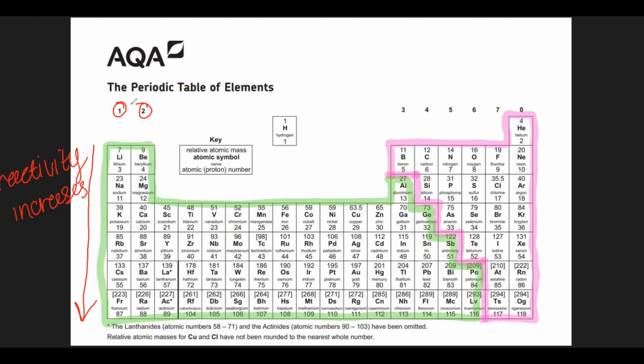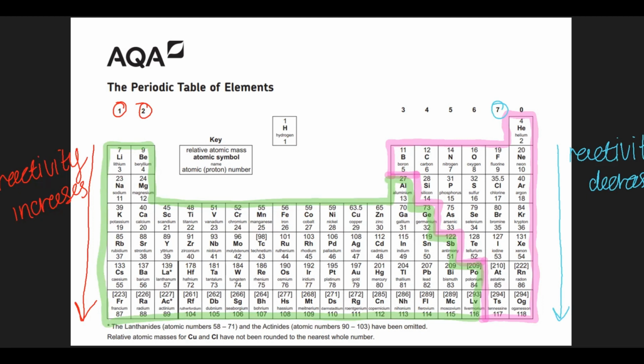And if we have a look at group 7, as we move down the group, our reactivity decreases. This is a common exam question, and often they want you to be able to explain why this happens.